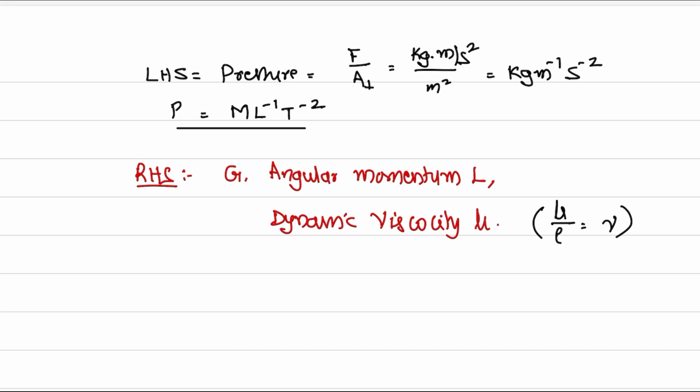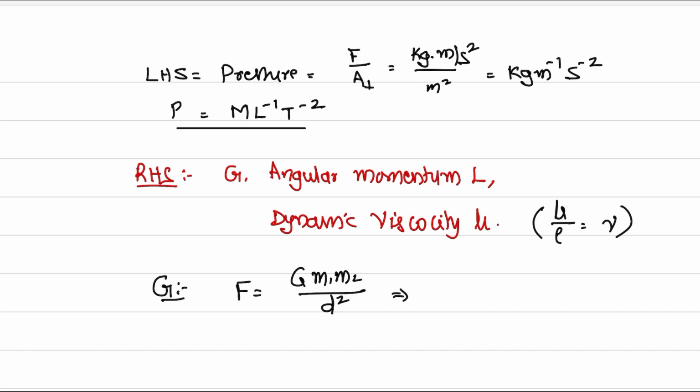Now, what are the dimensions of G? To find out the dimensions of G, the simplest way is force. You may know force is equal to G into M1 M2 by D square. Very simple formula.